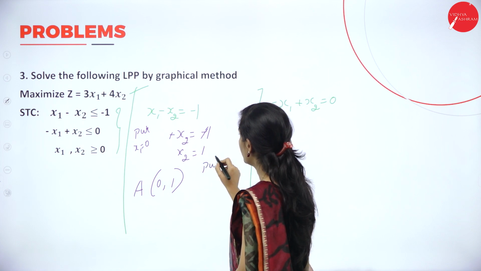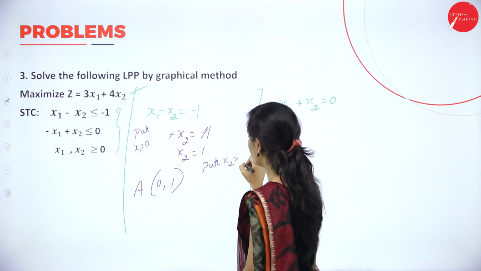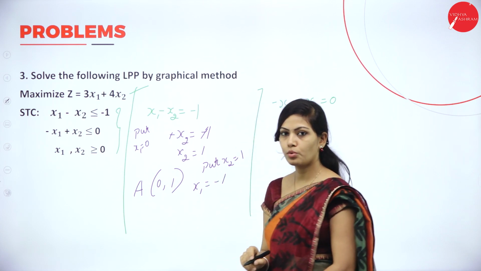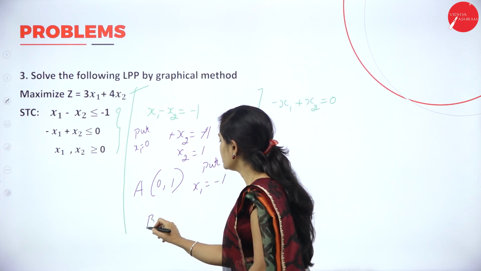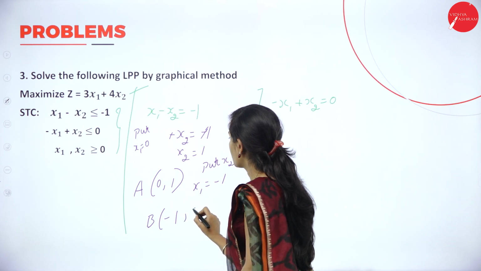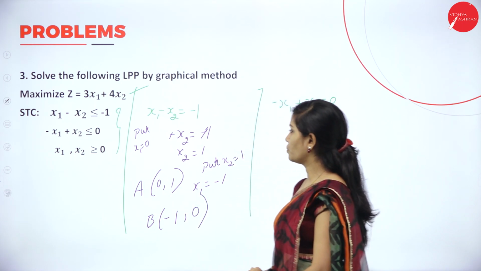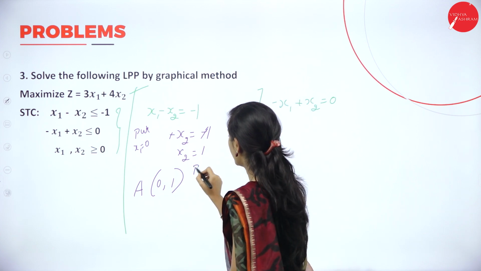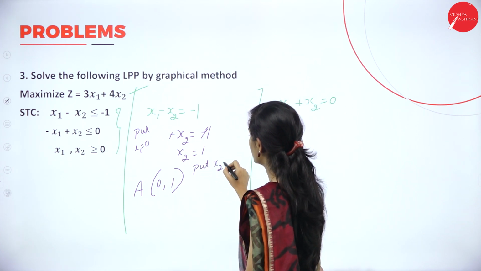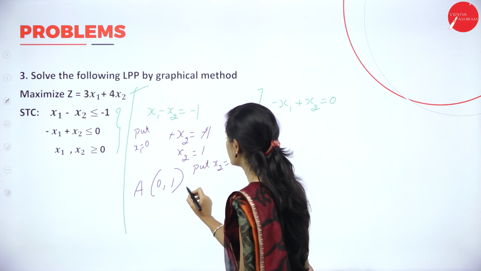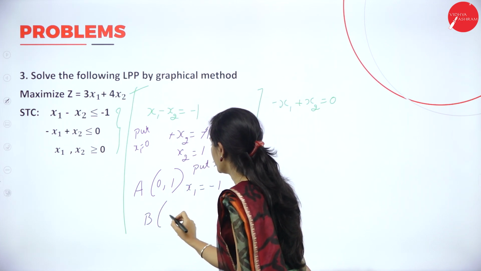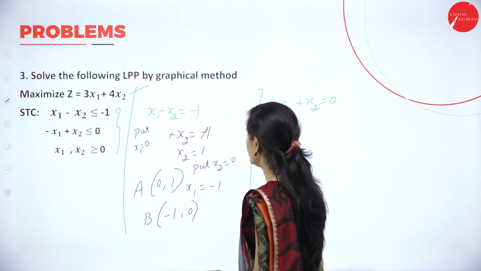And put x2 is equal to 0: x1 is equal to minus 1. So point B is minus 1, 0.